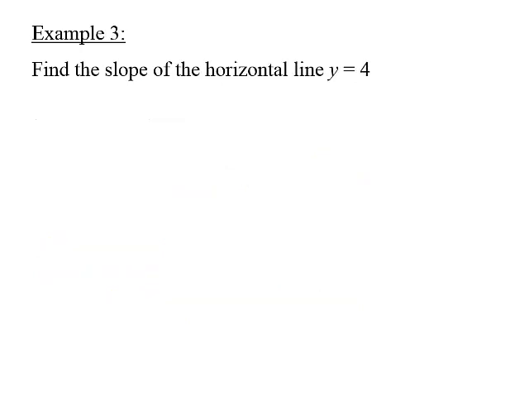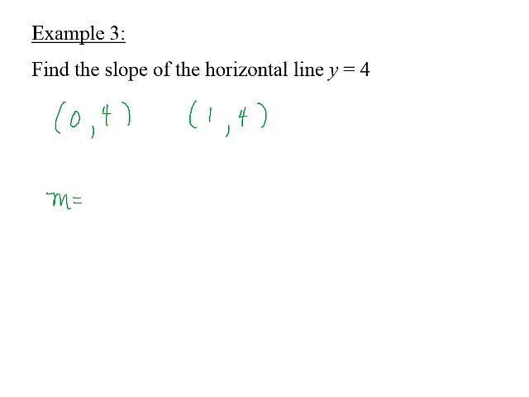Find the slope of a horizontal line y equals 4. This one's a bit trickier because it doesn't give us 2 points, but we know 2 points on a horizontal line. We talked about that earlier. A horizontal line means that all the y values have to be the same. Specifically, they are 4. So let's put in anything for x. 0, 4 and 1, 4 are both on this horizontal line.